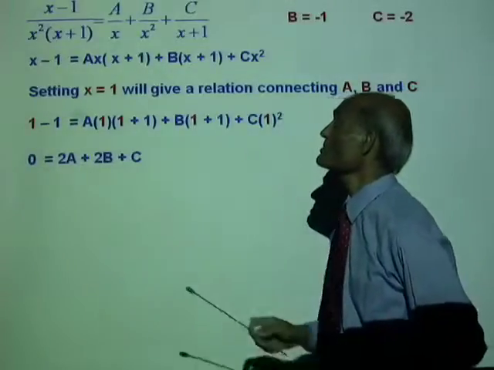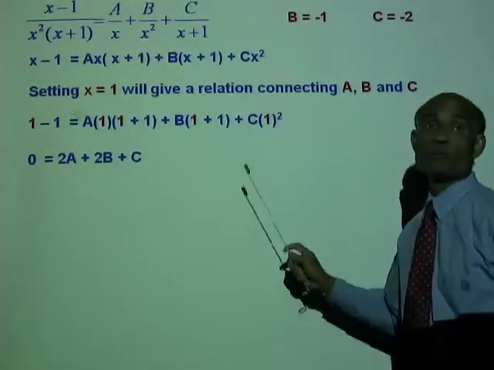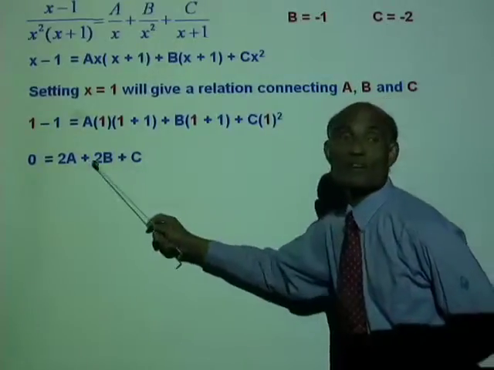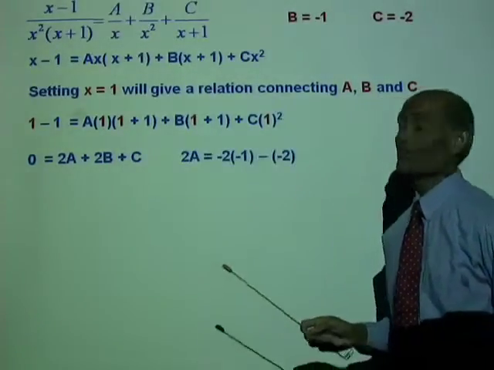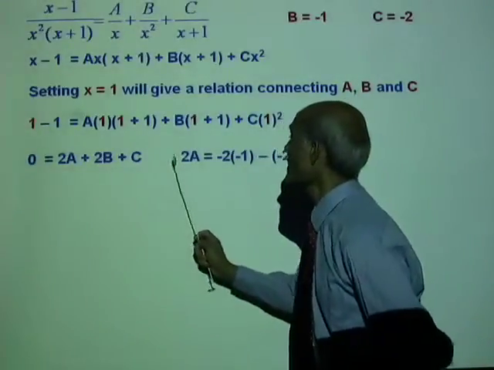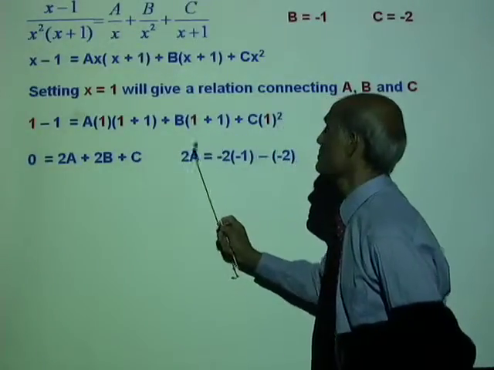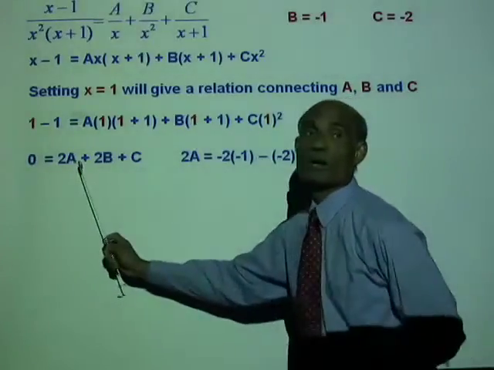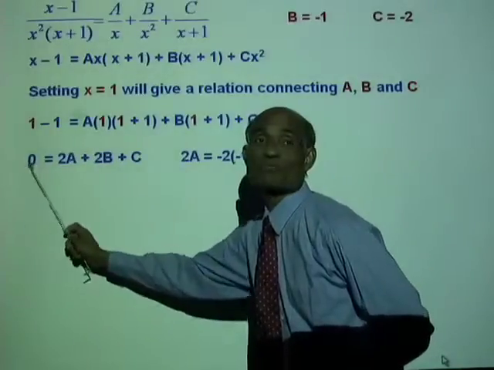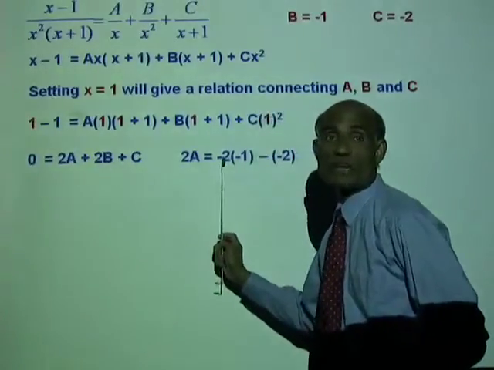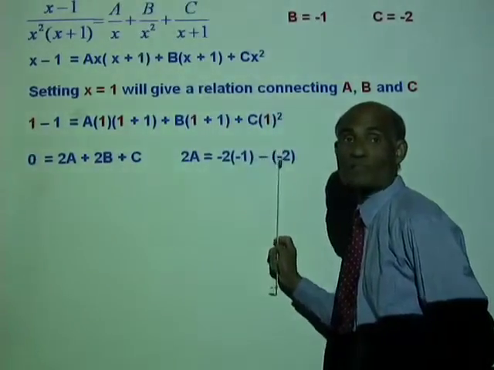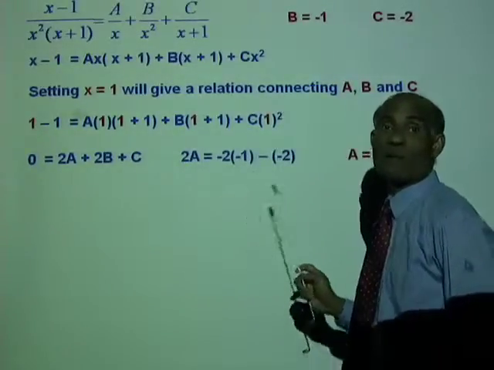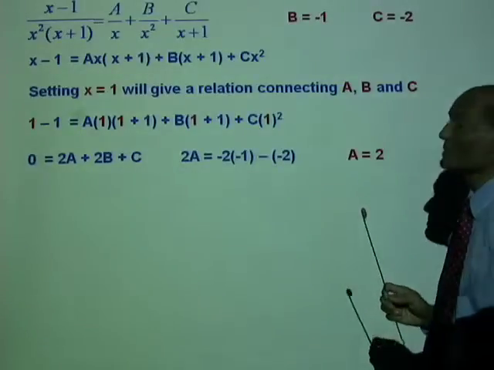So 0 equal to 2A plus 2B plus C, and B equal to -1, C equal to -2. Therefore, we find A. We get 2A equal to -2B minus C. B is -1, C is -2. And that gives you A equal to 2.